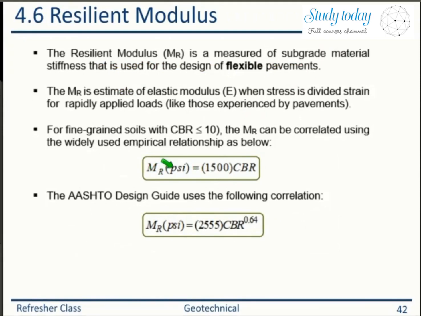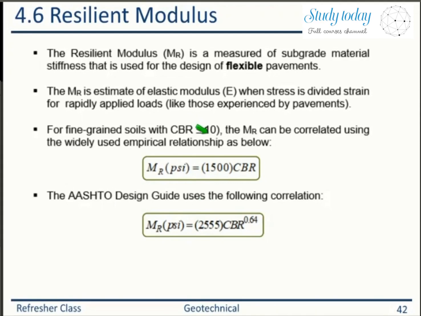Resilient modulus is in PSI, pounds per square inch, and CBR is in percentage, a whole number, when your CBR value is less than 10. This is used in that context only. When your CBR value is more than 10, you are better off using these equations. Yeah, a CBR value less than 10 points toward fine grain soil.